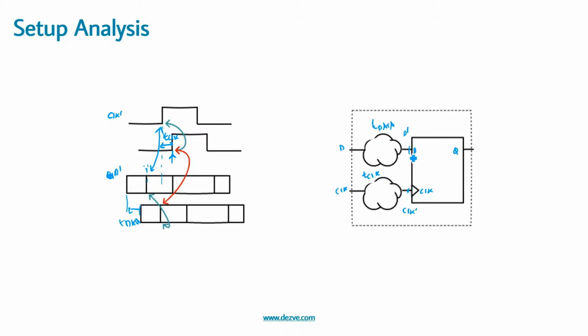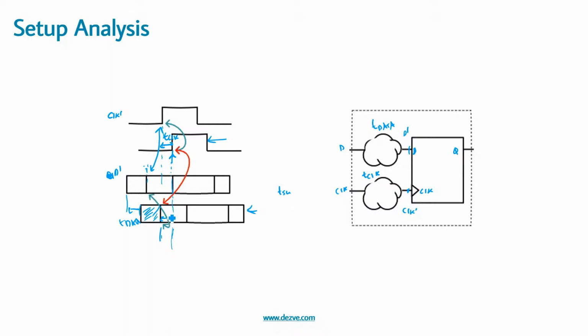So for this particular path, in the waveform, if you see with respect to this signal and this signal, the active clock edge for this is here, correct? And the change of data is happening here. Now this library would have a setup time of TSU. We need to make sure that if the setup time is smaller than this stable value, then we are okay.